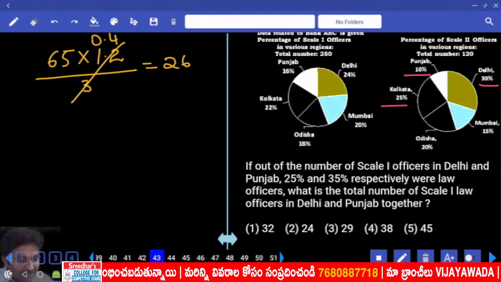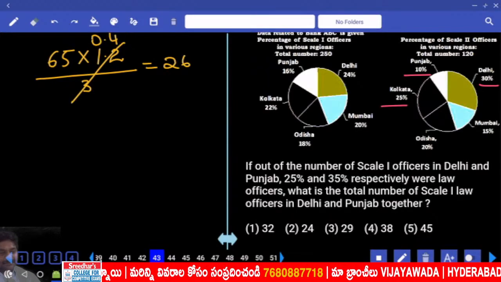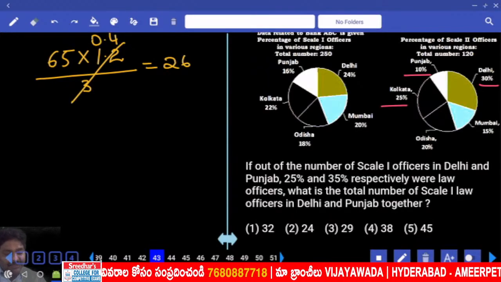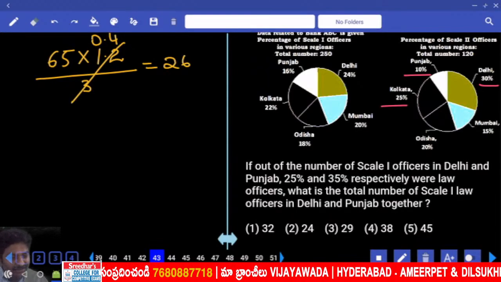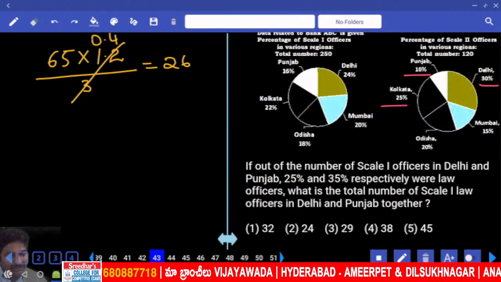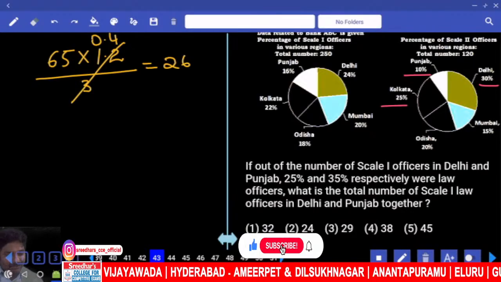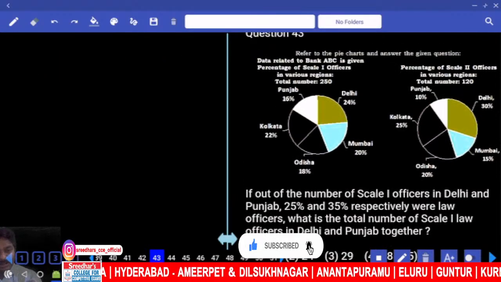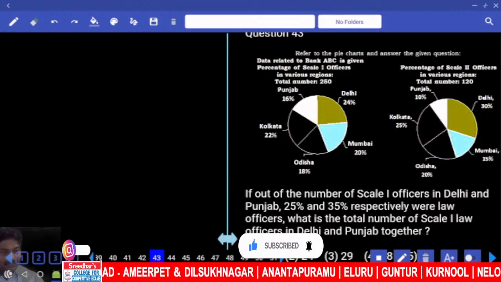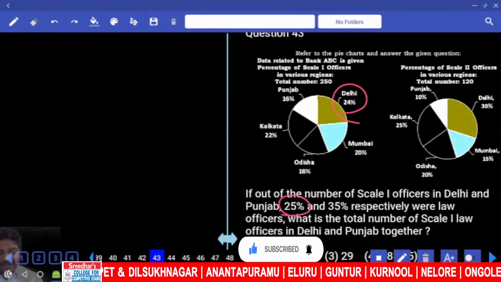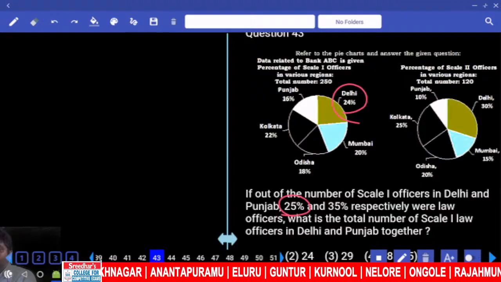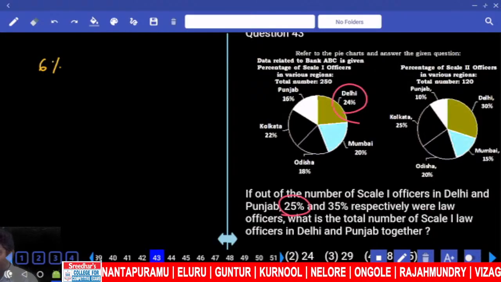If out of the total number of scale 1 officers in Delhi and Punjab, 25% and 35% respectively are law officers, what is the total number of scale 1 law officers in Delhi and Punjab? Scale 1 Delhi, what percent? Out of which law officers are 25%, which is 1/4, that means 6%.